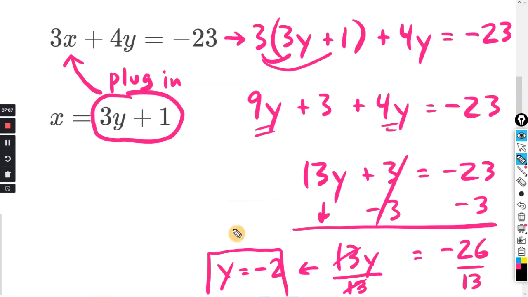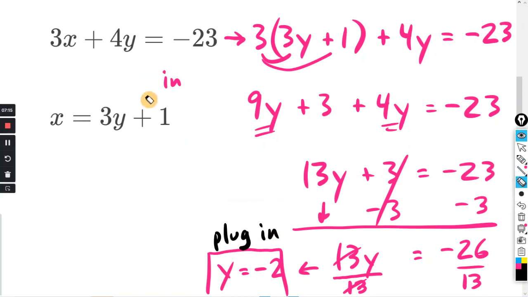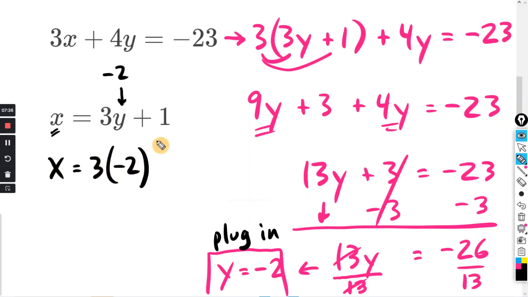All right, you want to take that and plug it in. So like I said, you can plug it into either, but it's easier to plug it into the one where they already solved for the variable. Okay, so y equals negative 2 goes right in there, and x is going to equal 3 times negative 2 plus 1.